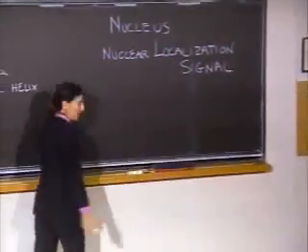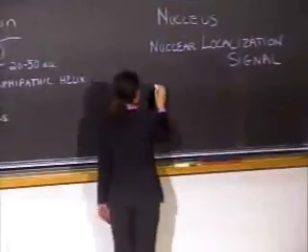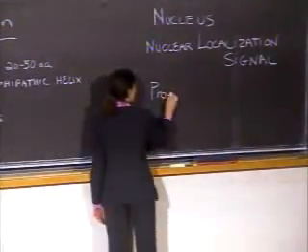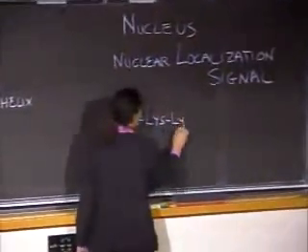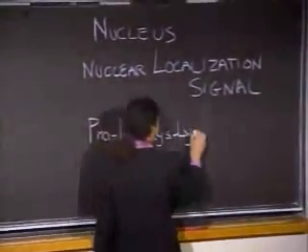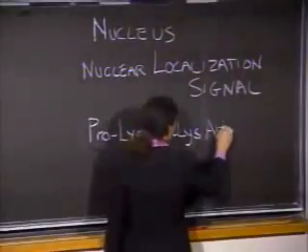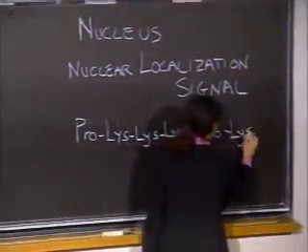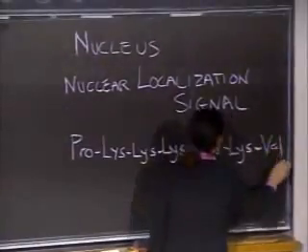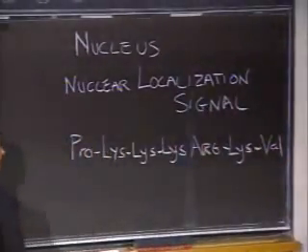It's 7 amino acids. It's proline, lysine, lysine, lysine, arginine, lysine, and valine. That's it. That's the nuclear localization signal.